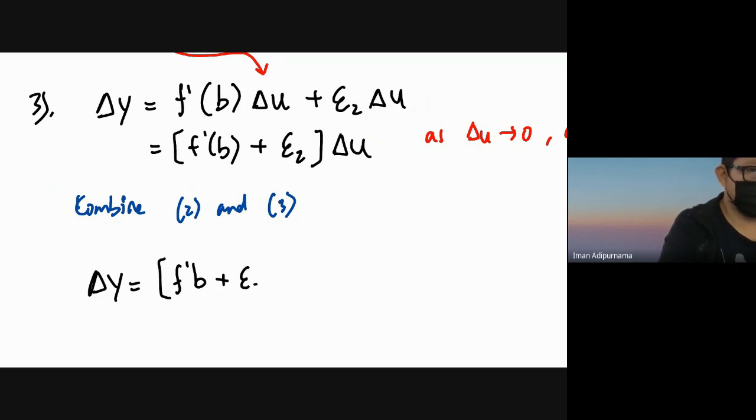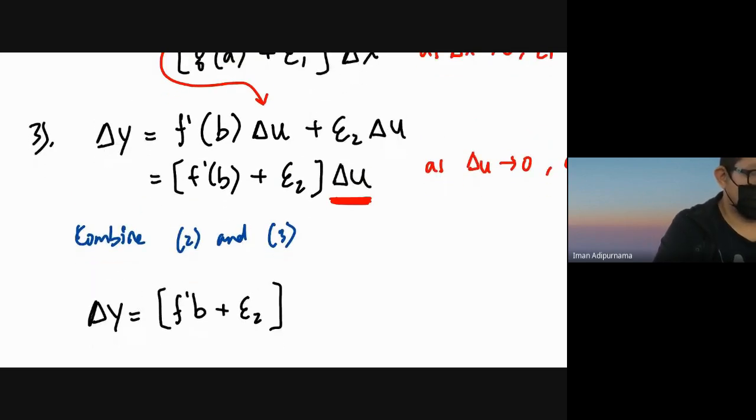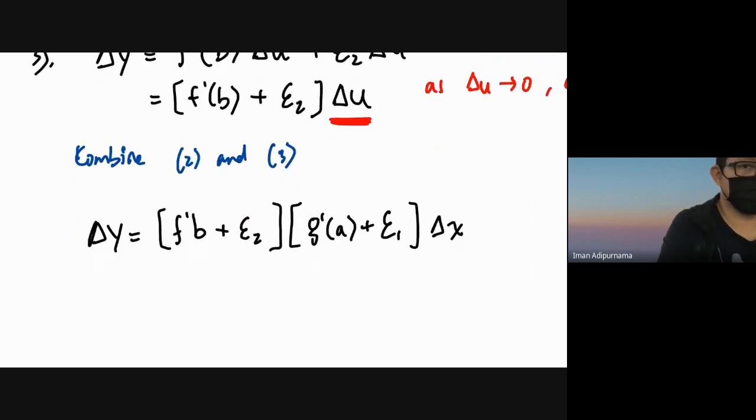Plus epsilon 2. Delta u is g prime of a plus epsilon 1 times delta x.